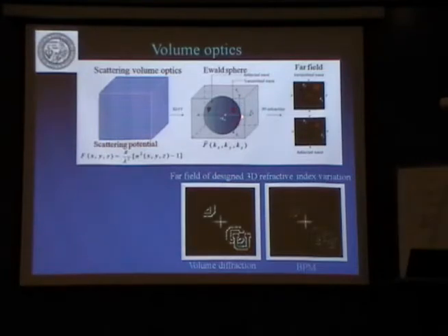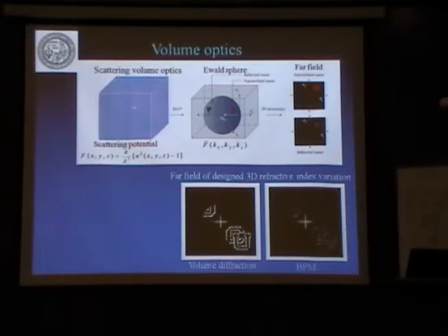So here is the origin, and the center is here. And this is the direction of the incident wave. Now, if you look at the wave equation we had before, and you apply it to this case, you can see that anything has to be on the surface of this sphere. This is called the Ewald sphere.